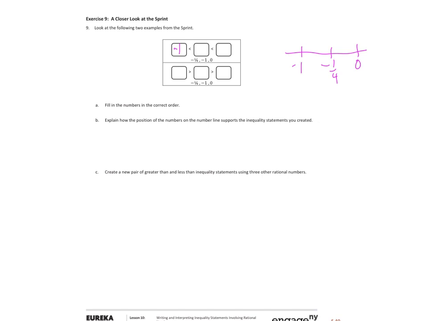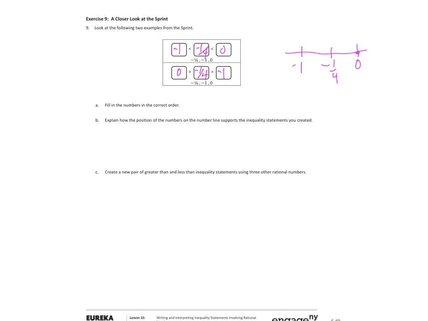Here's my -1, -1/4, and here's my 0. And then 0 is the largest valued number, which is funny to say. Then this one, I'm going to have 0 is greater than -1/4, which is greater than -1.